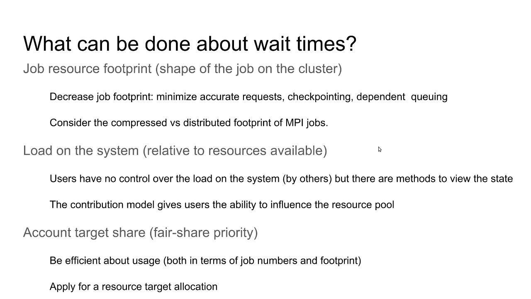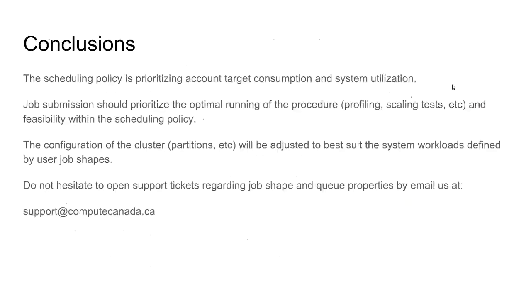And then if the default usage isn't sufficient, you aren't getting the throughput that you require, and you need more than 50 core year equivalents over a year, we recommend to apply for a resource allocation where you justify a target usage that you require, and then it's reviewed.